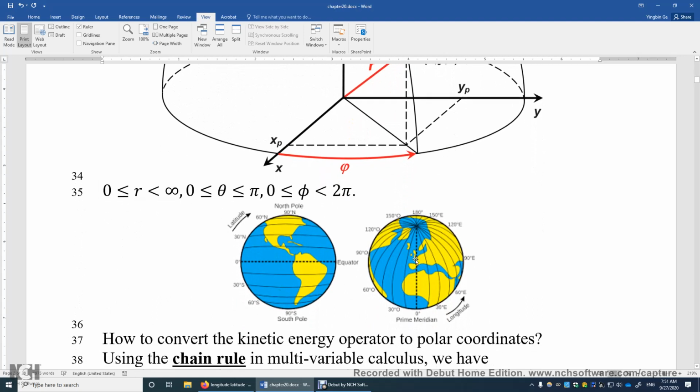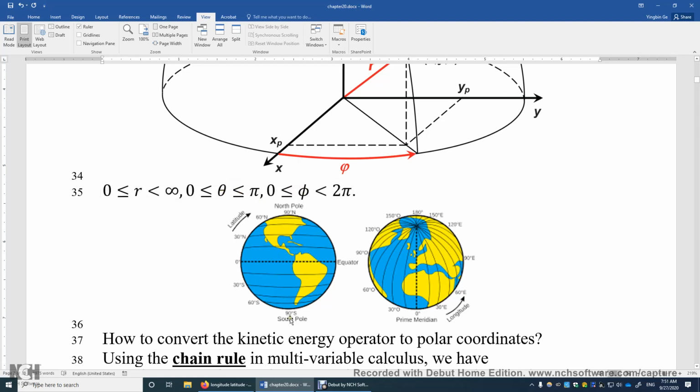So again, I want you to look at this picture and understand that theta corresponds to the latitude of Earth, phi corresponds to the longitude of Earth, and therefore theta has a range of 180 degrees, phi has a range of 360 degrees. And this theta value can be from 0 to pi.